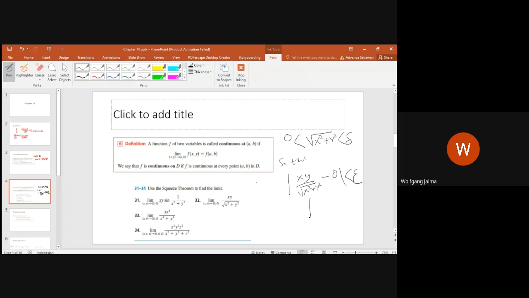So this one, xy over the square root of x squared plus y squared, must be smaller than epsilon.